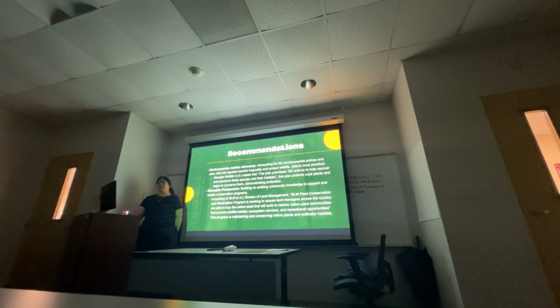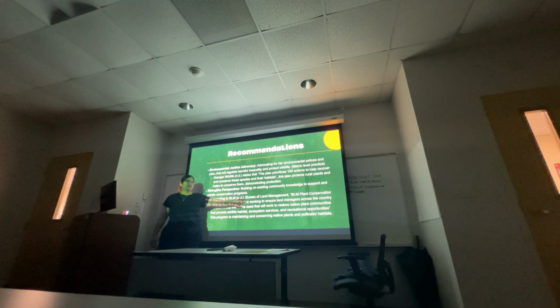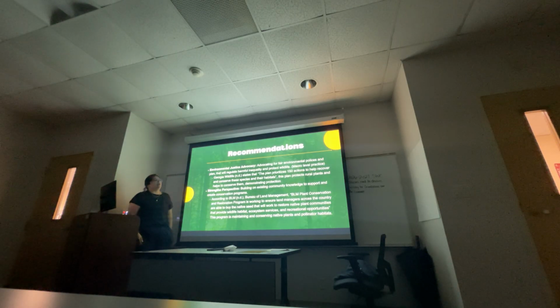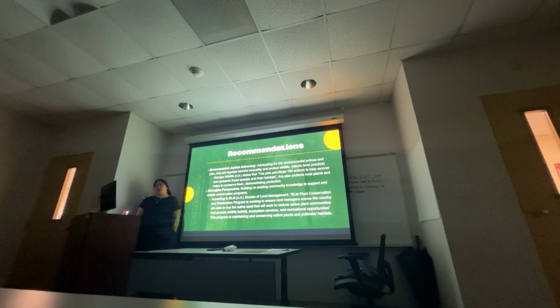Another one would be using the strengths perspective, so building on existing community knowledge to support and create conservation programs. According to the BLM, Bureau of Land Management, the BLM Plant Conservation and Restoration Program is working to ensure land managers across the country are able to buy the native seed that will work to restore native plant communities that will provide wildlife habitat, ecosystem services, and recreational opportunities.